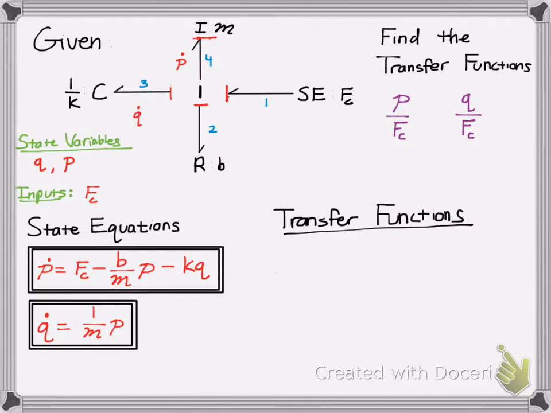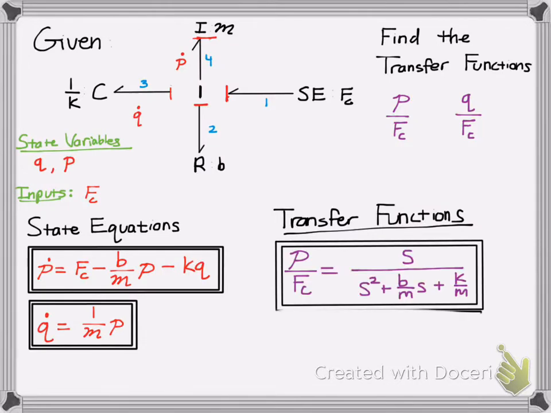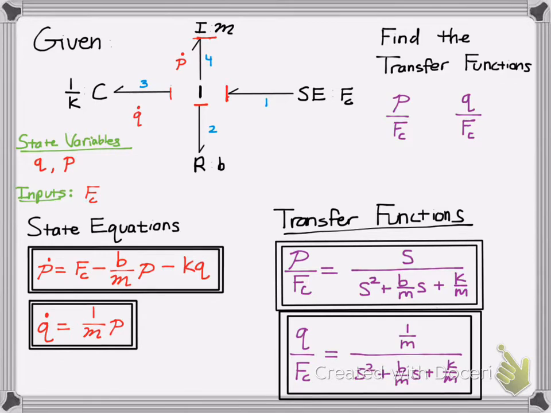So now we've found our first transfer function and our second transfer function. In summary, when you're given a bond graph, you first need to figure out the state variables and the inputs, and determine the state equations. The transfer function is simply the ratio of the output to the input, so the state variable over the sources.